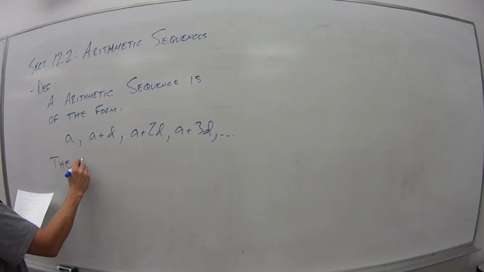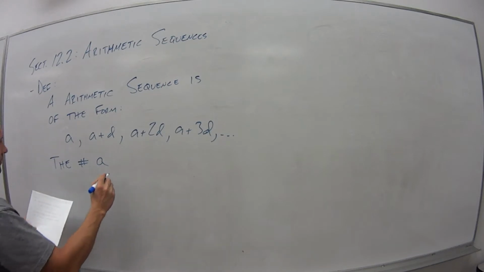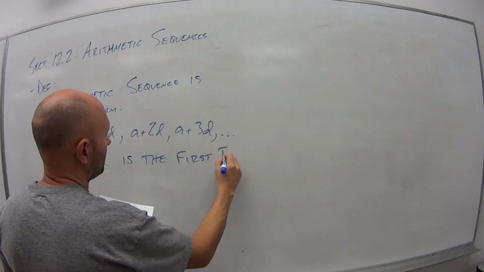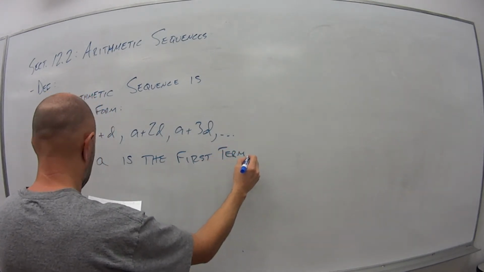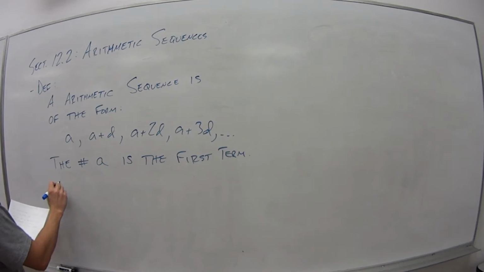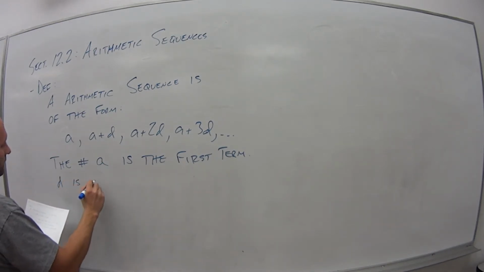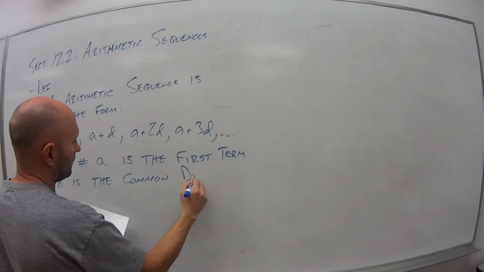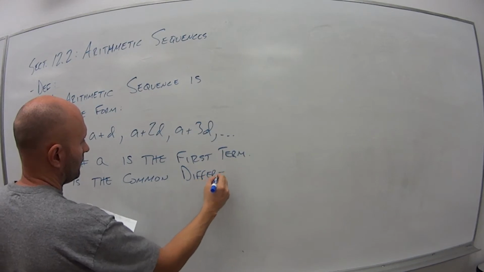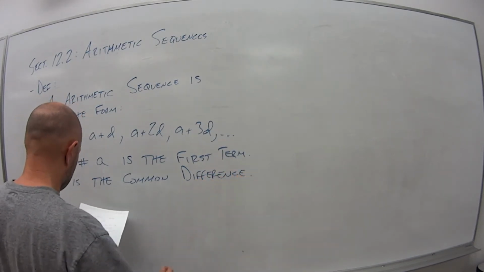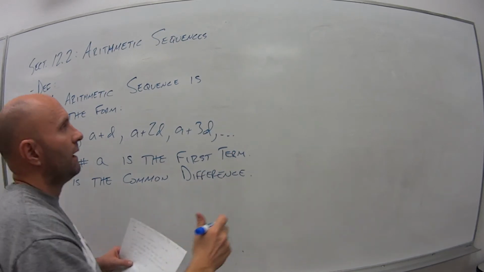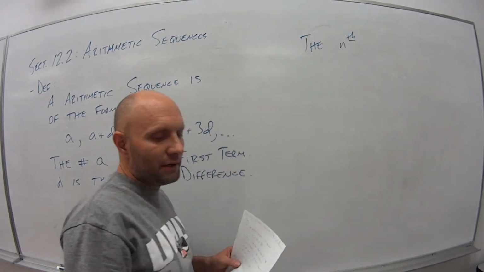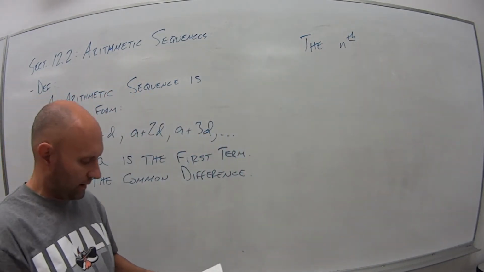So the number a is the first term. d is what's known as the common difference. And then we have the nth term, and this is the piece you're going to want on your cheat sheet, the part you're going to want to memorize for the final exam.